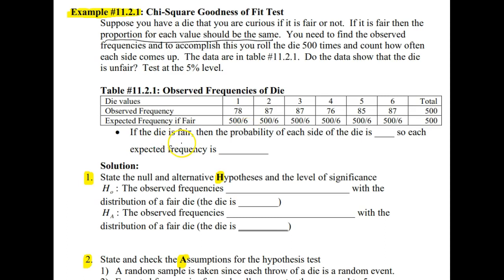If the die is fair, then the probability of each side of the die is 1/6. There's 6 sides and each should have the same chance of happening. So to get the expected frequency, we take the sample size, 500, times 1/6. That's why we have 500 divided by 6 in each of these cells. Those are our expected frequencies.